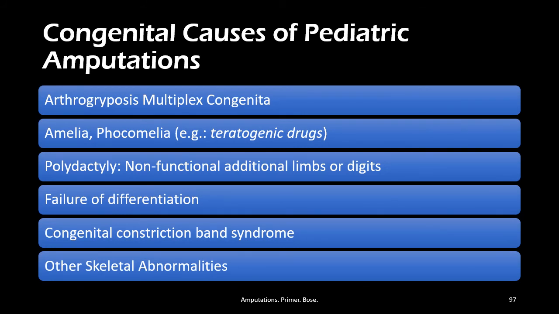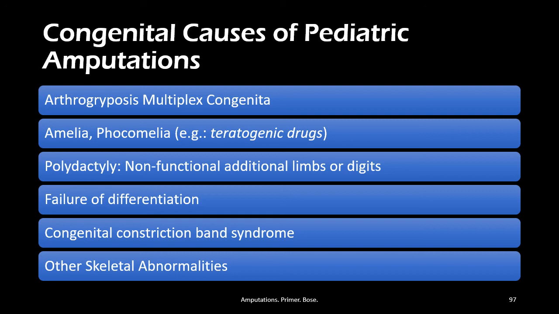Here are some examples of congenital causes of amputations. Arthrogryposis multiplex congenita, which is shown in the picture in the next slide, is a condition where children are born with abnormal limbs with loss of flexure creases, stiff joints, and impaired mobility, where the limb is a liability rather than a strength.